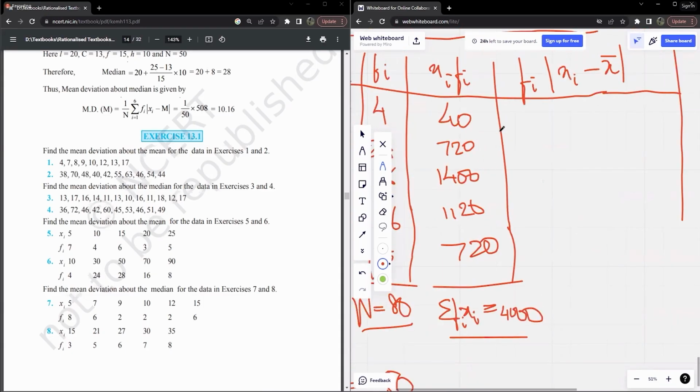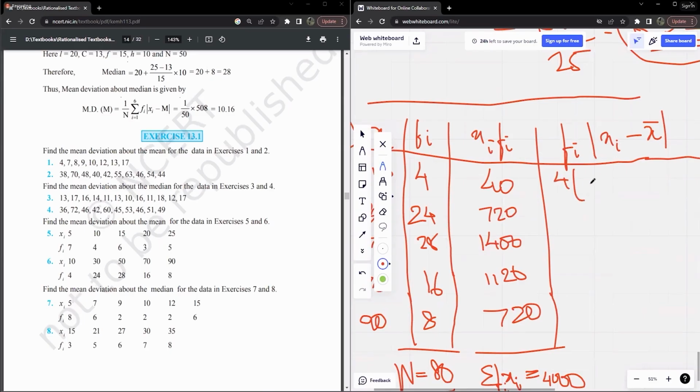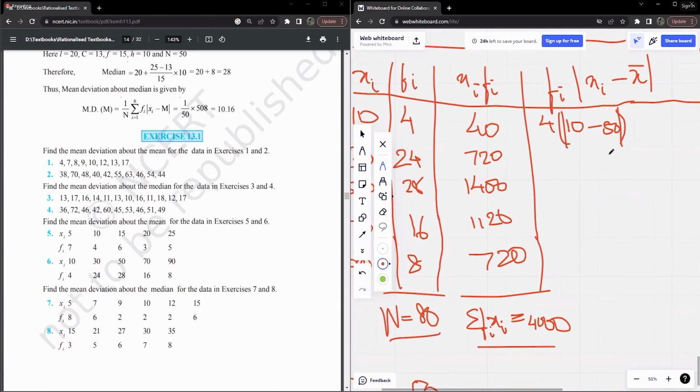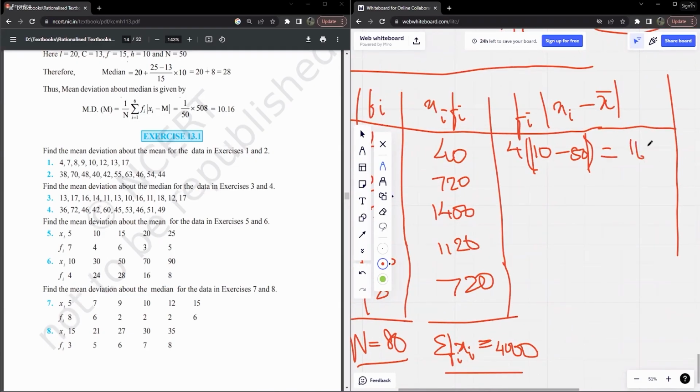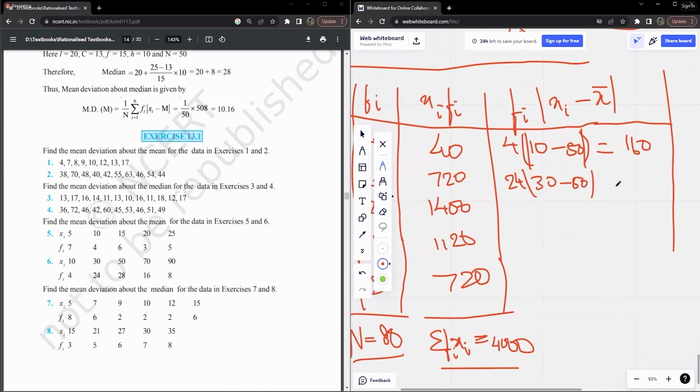Cool. Therefore, this is going to be 4 times mod of 10 minus 50, which is going to be equal to, this is 40, 4 fours are 160. This is 24 times mod of 30 minus 50. This is 24 and 20. That is 480.